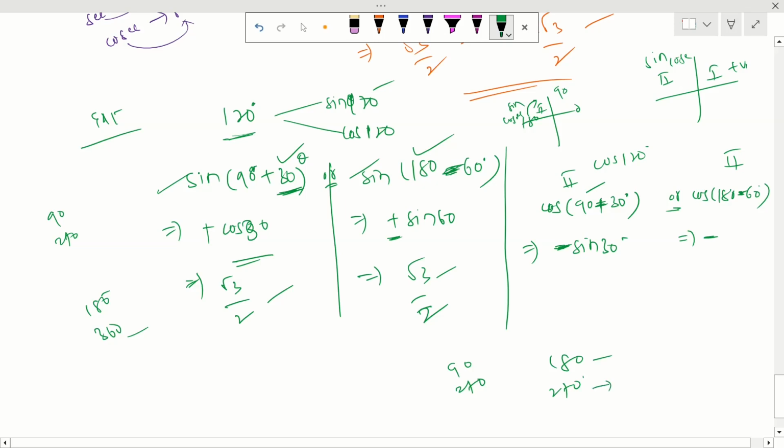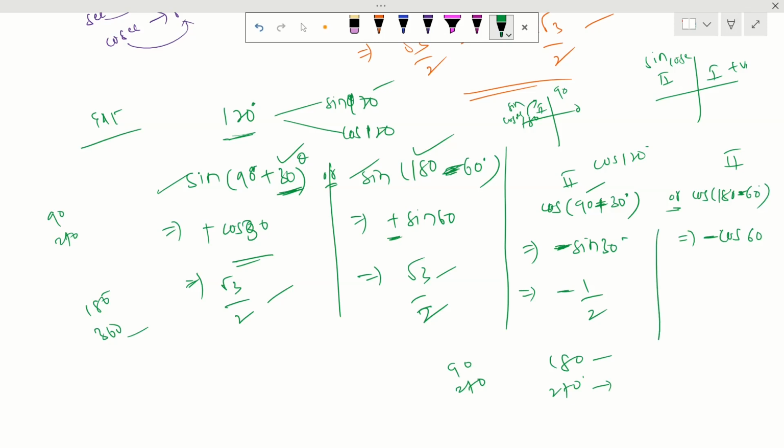Here cos is not converted, it remains the same. This is cos 60. What is the value of sine 30? Sine 30 is 1 by 2. And the value of cos 60, with the minus sign, is minus 1 by 2. So both values are the same.